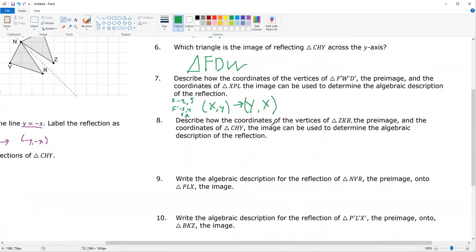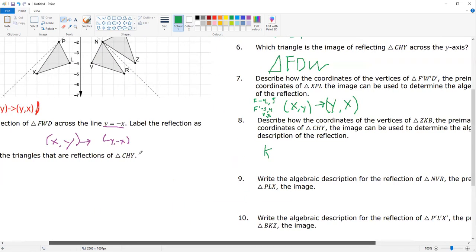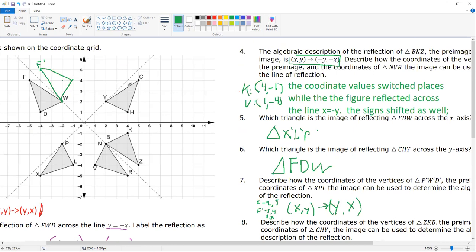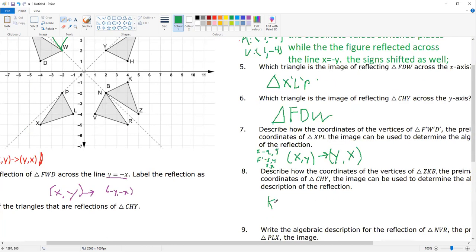And this is the same thing for this one too. We had ZKB as compared to CHW, and I'm going to compare K to H. K is 4, -1, and H is 4, 1.